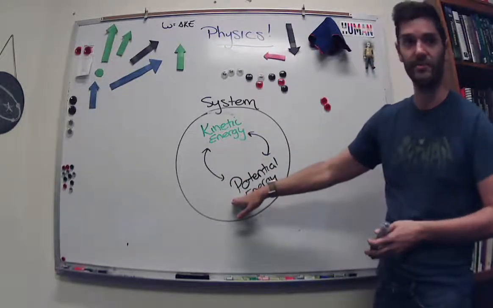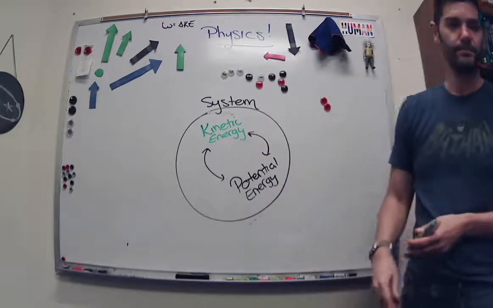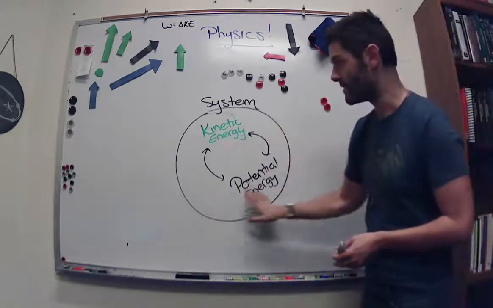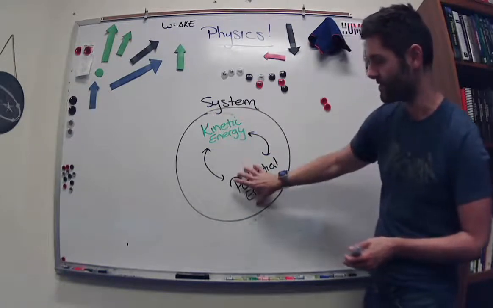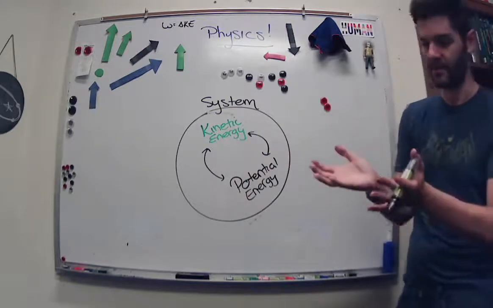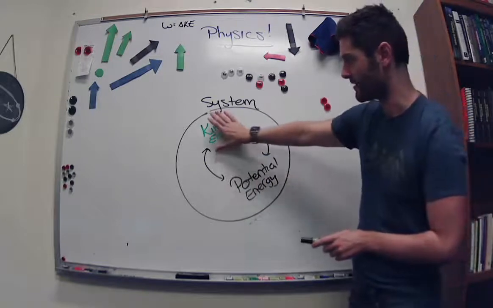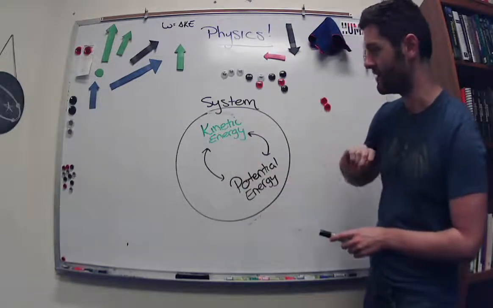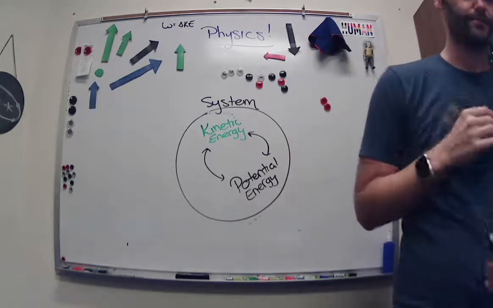I can also cash in my savings and get motion out as a result. But overall, if I ask how much energy is here and how much energy is here, their sum always adds up to the same amount. The total energy stays the same, even though sometimes it might be lots of kinetic, very little potential, vice versa, evenly split, whatever you want.